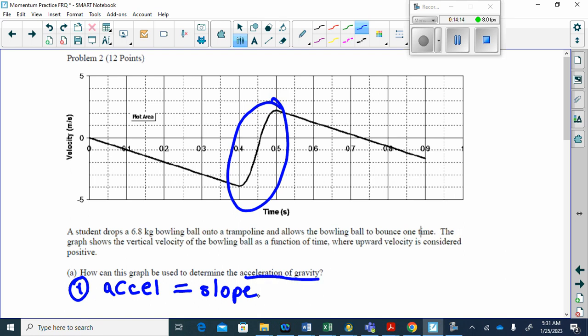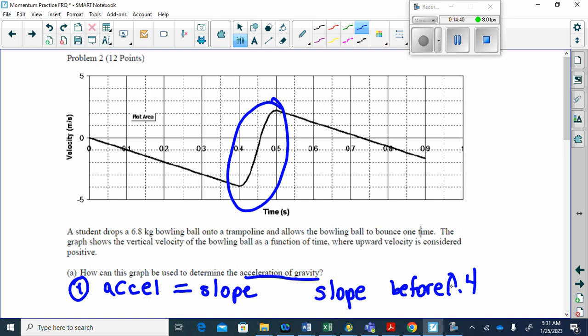And so if you say anything like find the slope over the 2 intervals where it's falling, so before 0.4, before 0.4 it's falling, and then about here is where it's in contact with that trampoline.